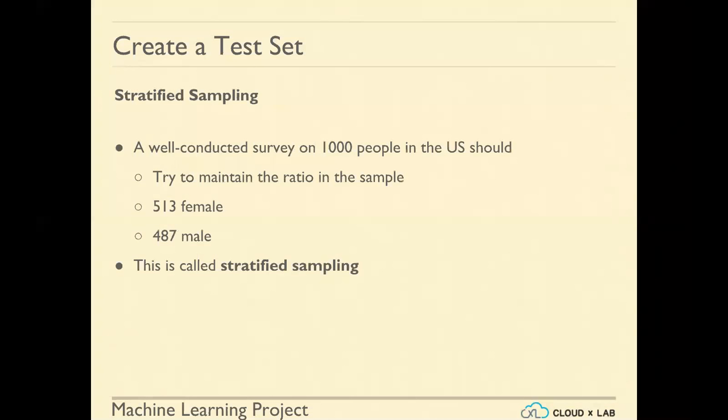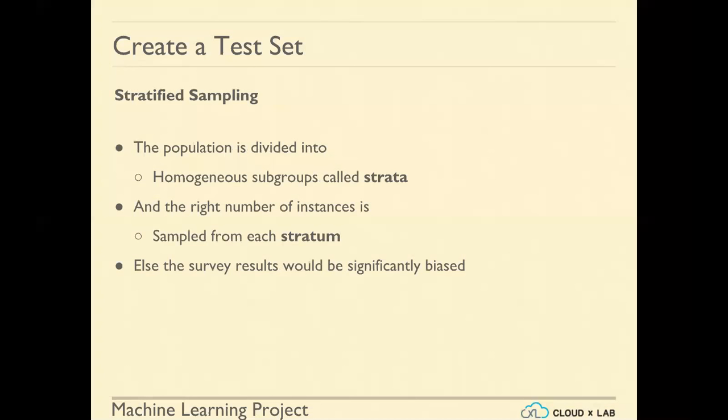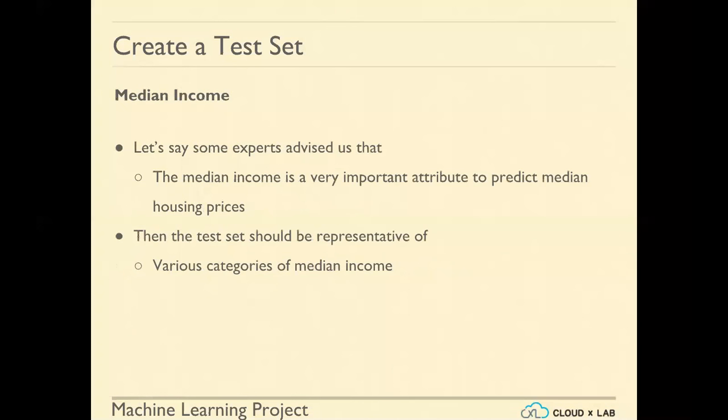And in the case of our database, we are going to do the same thing. We divide the data into strata, and then we sample from each stratum. Let's say in our case of housing prices, we come to know from experts that the median income is a very important attribute to predict the median housing prices.